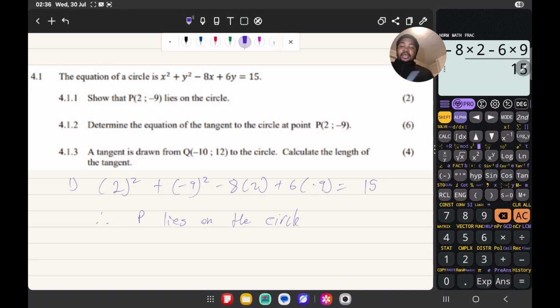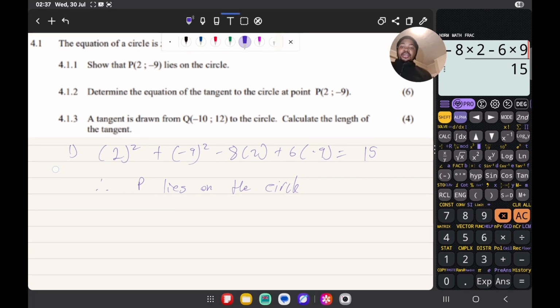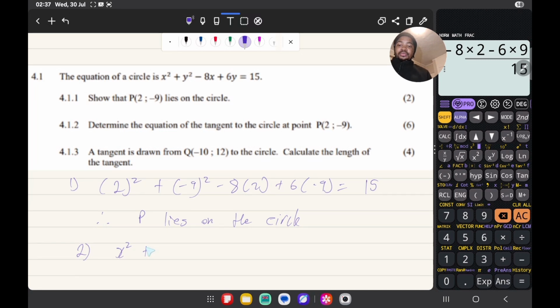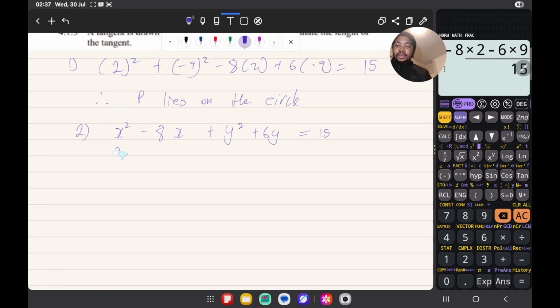And then they ask us to determine the equation of the tangent. So now you're going to find the center because you need it. To find the center, you say x squared minus 8x plus y squared plus 6y equals 15. For x squared minus 8x, we take 8 divided by 2, you get 4, so you will say plus 4 squared minus 4 squared.